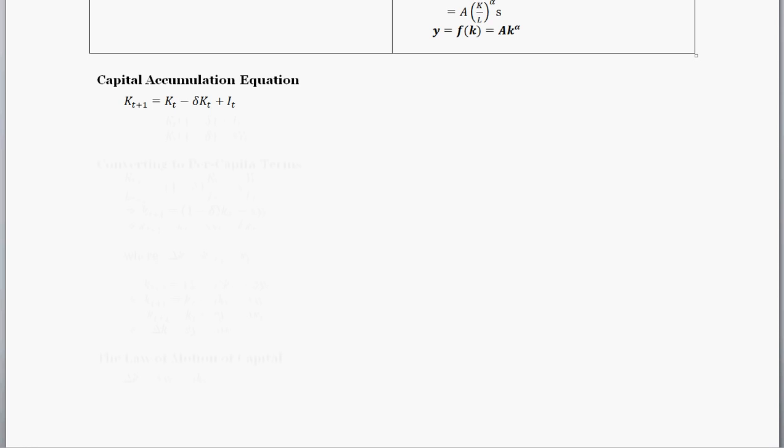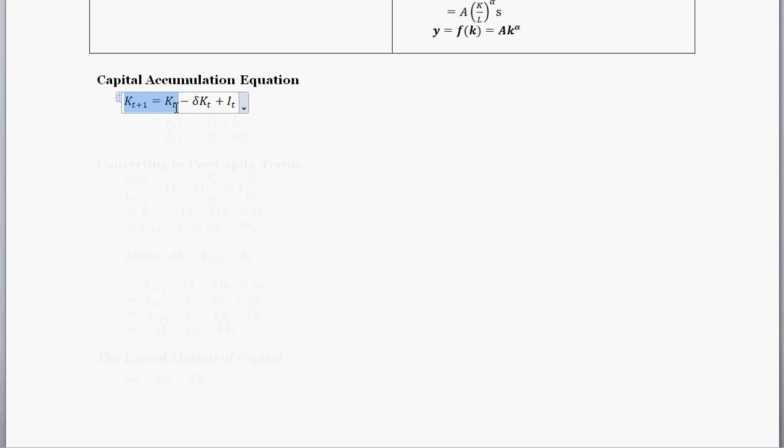So the plan of action going forward is we're going to try to find the steady state level of capital. In order to show the steady state level of capital, we're going to work with the capital accumulation equation. A steady state level of capital is a level of capital such that k sub t plus 1 equals k sub t, right?